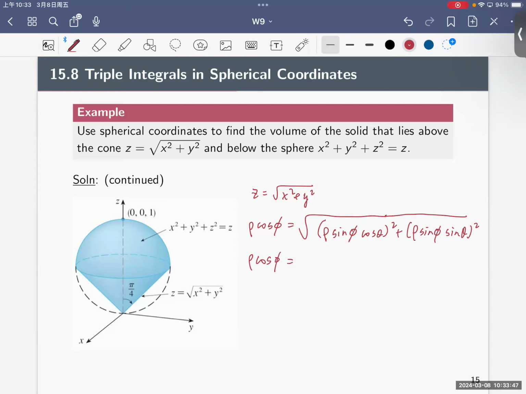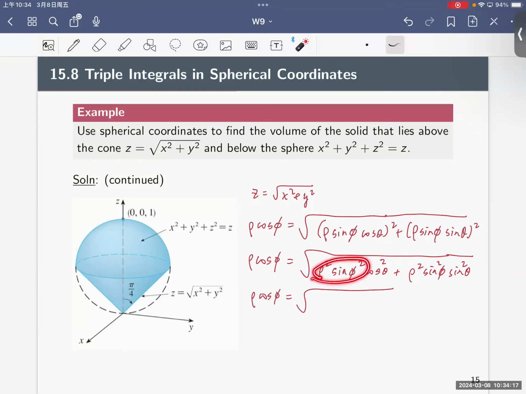So the equation simplifies: the left-hand side remains the same. The right-hand side is the square root of rho squared sine squared phi cosine squared theta plus rho squared sine squared phi sine squared theta. So rho cosine phi is equal to, under the square root, the same thing multiplied by cosine squared theta and the same thing multiplied by sine squared theta, and we know cosine squared theta plus sine squared theta is equal to 1.